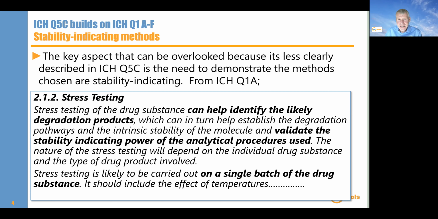And you only really need to do this perhaps for one batch, although that would be one batch at the beginning, and potentially you might want to repeat this for various reasons later in development. For instance, it might be a way of supporting comparability studies, although normally you would do accelerated for that rather than stress testing.